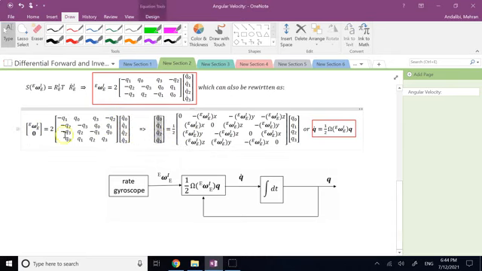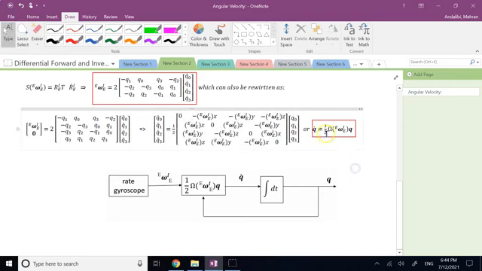Can I get my q dots? Sure. If you see here, q dots are what? You divide both sides by 2 and then multiply by the inverse of this. If you do that and rewrite it nicely in terms of the components of omega, which here you called omega x, y, and z, and in terms of the Q's, this is the way to describe the Q dots.